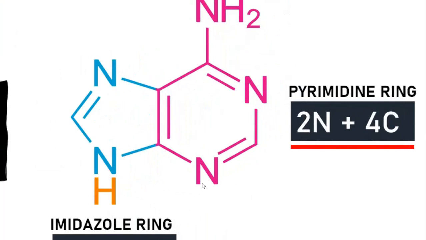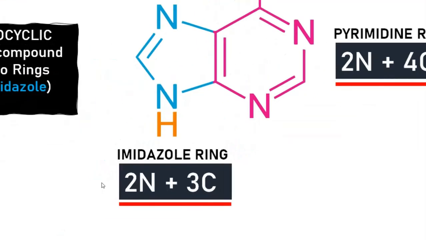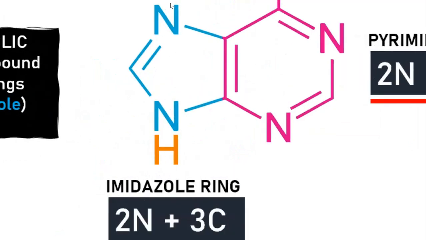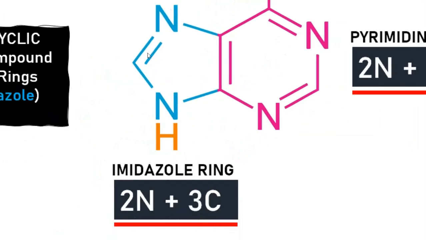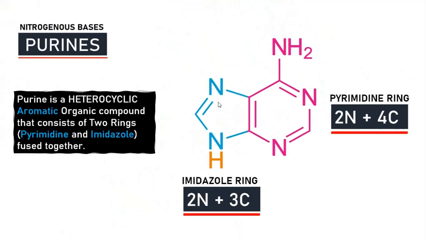Here one nitrogen and here one more nitrogen, and carbons we can count 1, 2, 3 and 4. And in the case of the imidazole ring, it consists of 2 nitrogens as we see here, and in the remaining places usually 3 carbons are present. So basically purines are composed of 2 rings, the pyrimidine ring as well as imidazole ring.